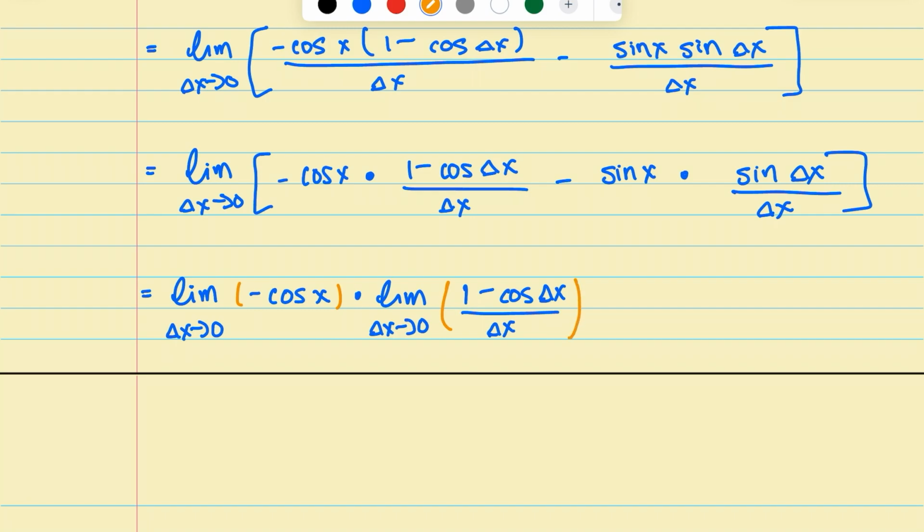That takes care of the limit of our first fraction. Then you'll have minus the limit of sine of x as delta x approaches 0, times the limit of sine of delta x over delta x as delta x approaches 0.